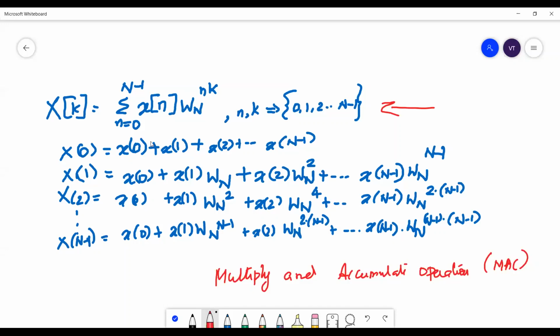So you have to use the multiplier block many times to add the elements. And finally, after writing this entire program, you will get one value of x of k. Let's say k is equal to 3. You can evaluate x of 3, then x of 4, x of 5, up to x of n minus 1. That is how you write the program.